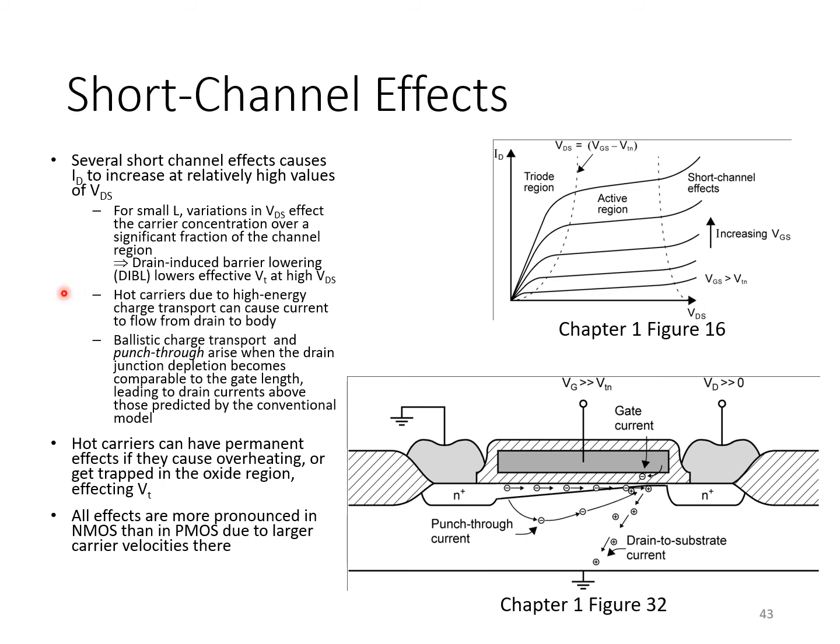There are other phenomena that show up in short channel transistors, especially at high values of VDS, that cause current to increase. But drain-induced barrier lowering, also referred to as DIBL for its acronym, is really one of the biggest, and special processing techniques are in fact applied in modern nanoscale CMOS transistors to mitigate it.